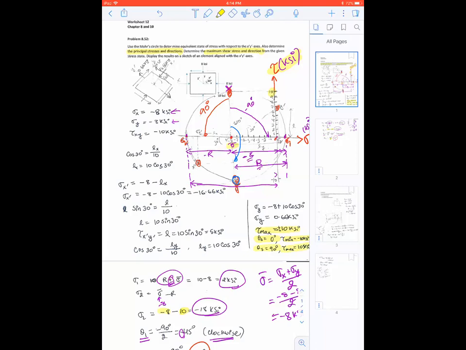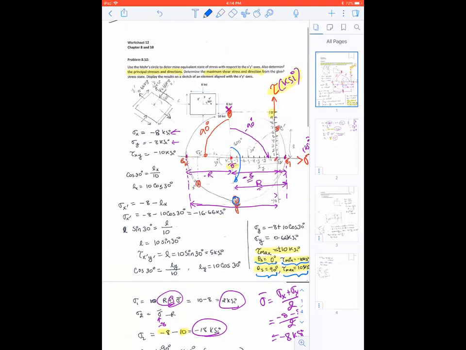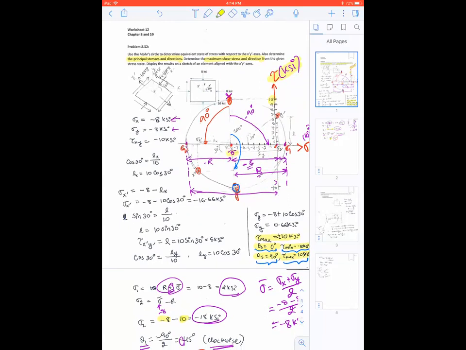So positive 90 degrees, that angle is for the positive maximum in-plane shear stress that you see. And theta 0 is for the negative maximum in-plane shear stress you see. All right, so this concludes the end of problem 8.52.